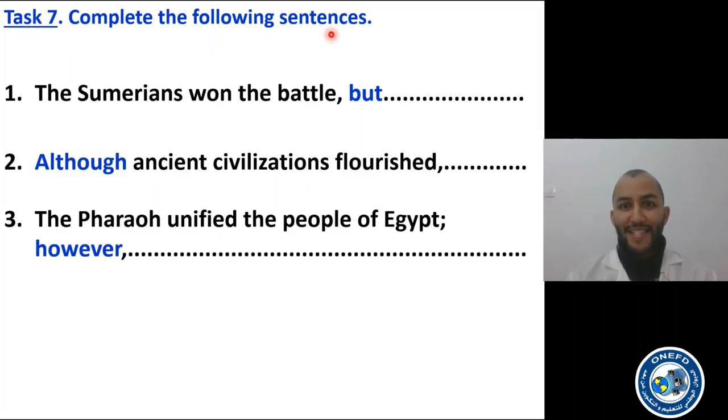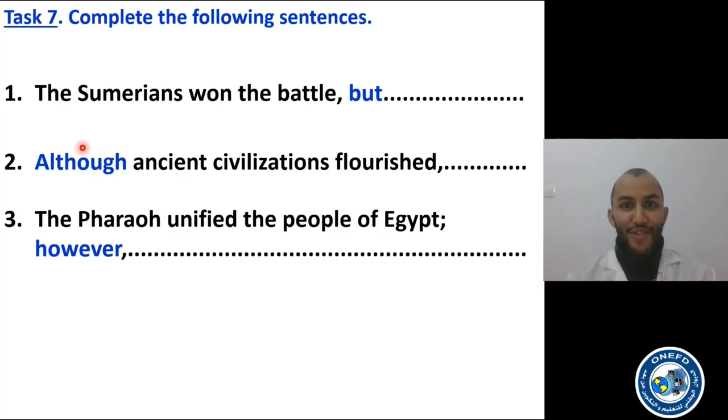Task number 7. Complete the following sentences. Here you have 3 sentences that you need to complete on your own. In each sentence, we have connectors either of opposition or concession. And remember, when you have opposition or concession, you have 2 ideas, but they are contradictory, like opposite ideas.